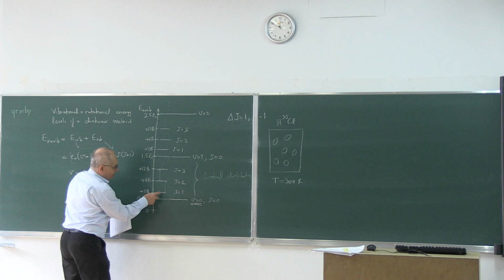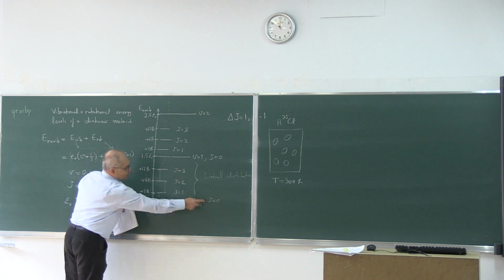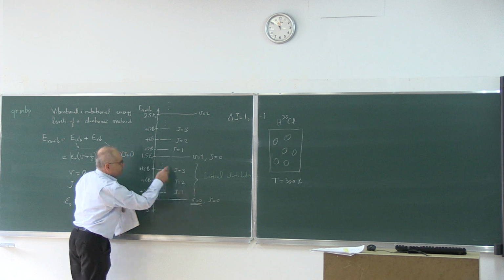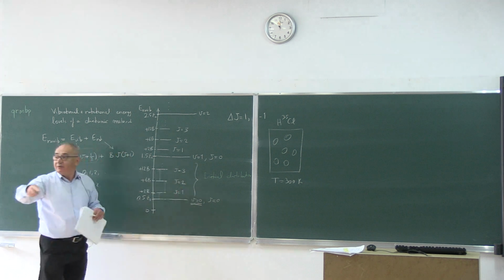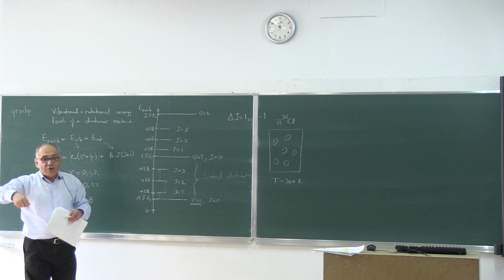You see, the vibration state of this level is V equals 0. This one also V equals 0. This one also V equals 0. So vibrational state is not changing here. What's happening? The rotational state is changing. Only the rotational state is changing.